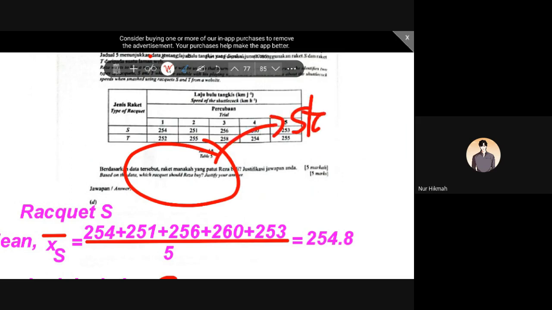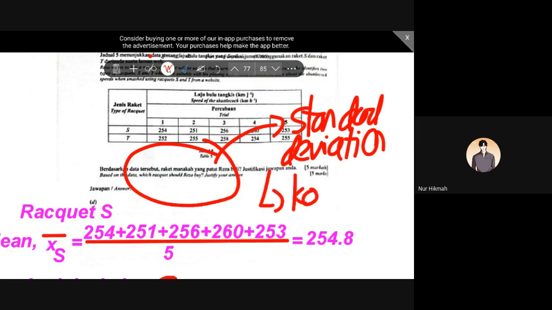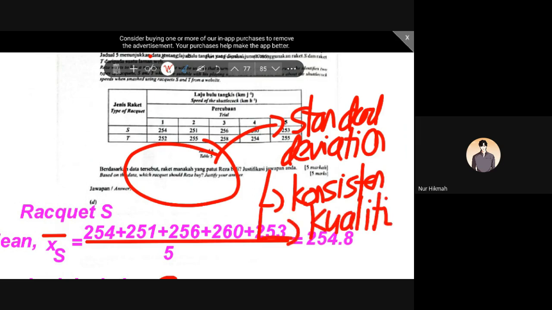You have to refer to your standard deviation value. Because standard deviation shows the consistency. Consistency dia macam mana? Consistency show the quality. Kalau lebih konsisten maksud quality tu lebih tinggi kan? Okay?